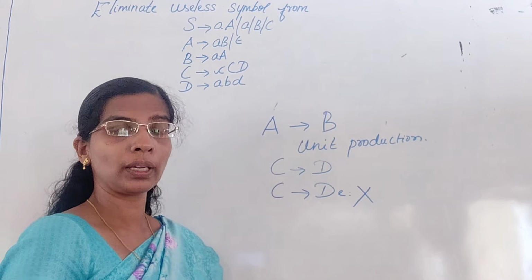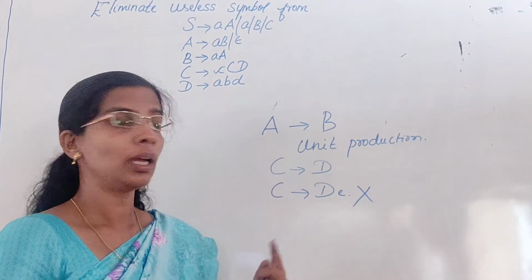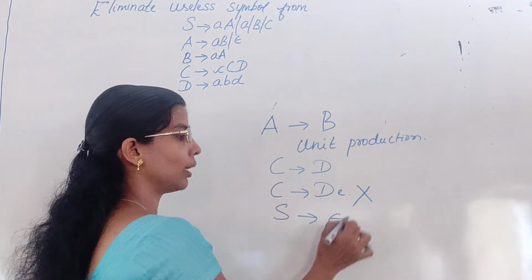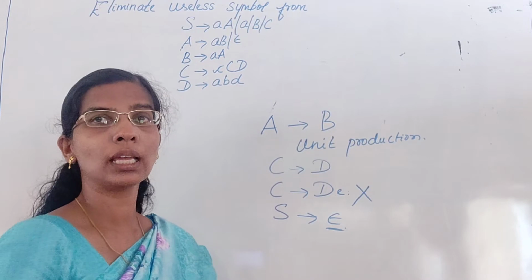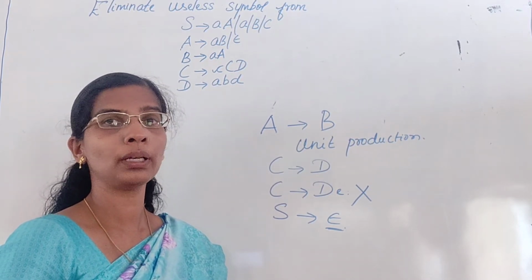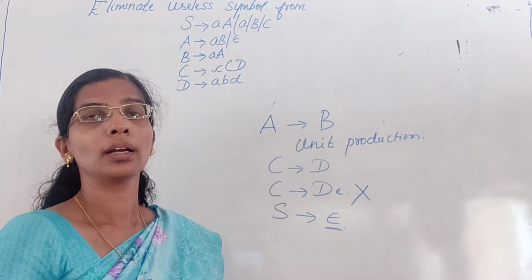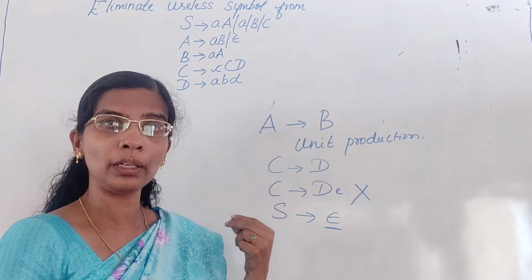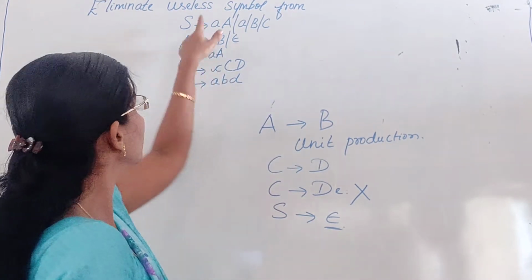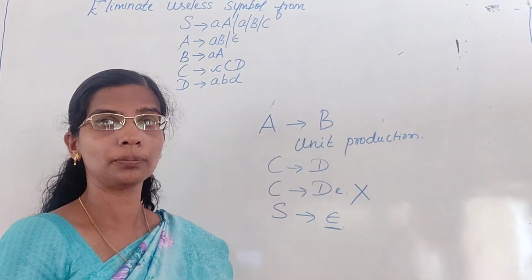So in simplifying, what is an epsilon production? Only epsilon in the RHS is an epsilon production. While simplifying a context-free grammar, if you have epsilon productions or unit productions, you have to eliminate all these epsilon and unit productions, and only at last should you do the elimination of useless symbols.